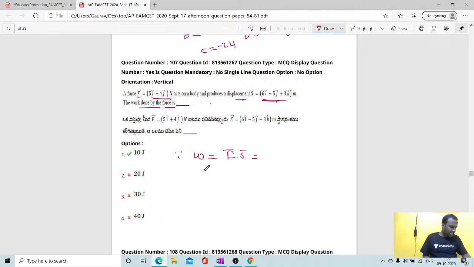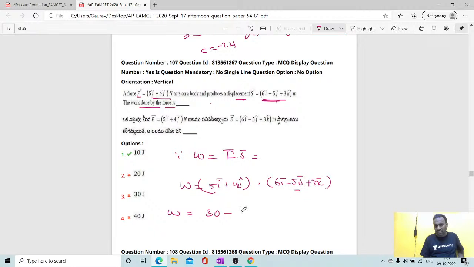So W is equal to 5i plus 4j dot 6i minus 5j plus 3k. Then the work done is 5 into 6, i dot i, 30, and 4j into minus 5j, minus 20. So you will get 10 joules, students.